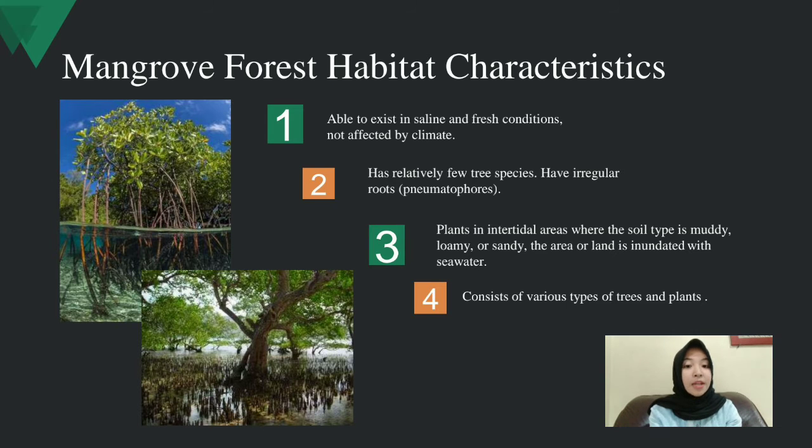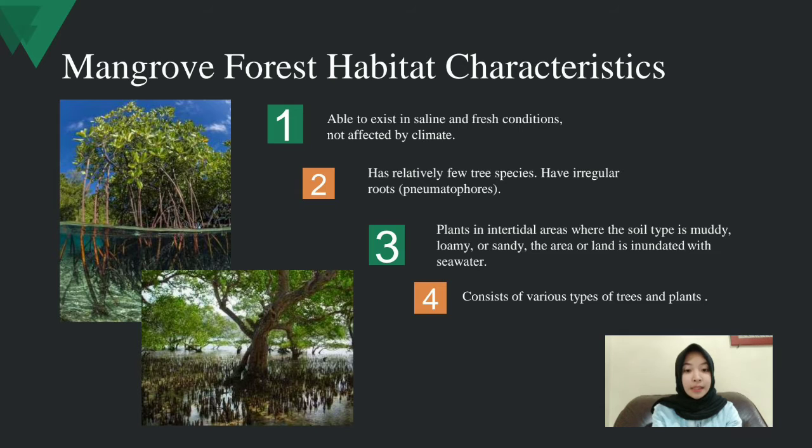2. As for other characteristics of mangrove forests, in addition to the recurrent and liquid habit, namely they have relatively few tree species and have irregular roots, pneumatophores.